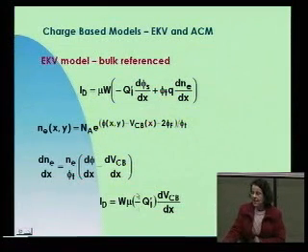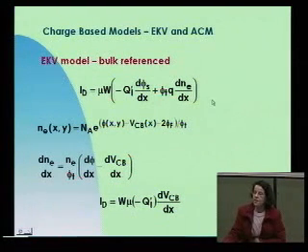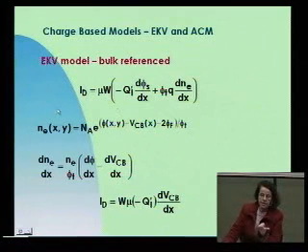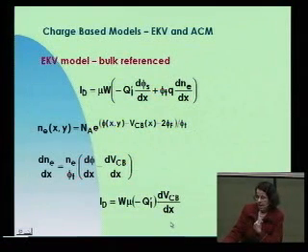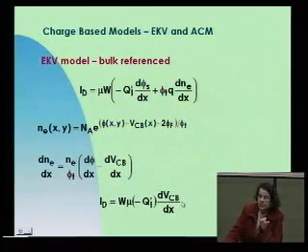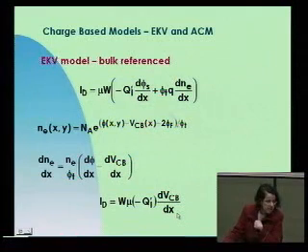The EKV model started from another form of the differential equation of the drain current. This other form relates ID to the derivative of the channel voltage with respect to the position in the channel.